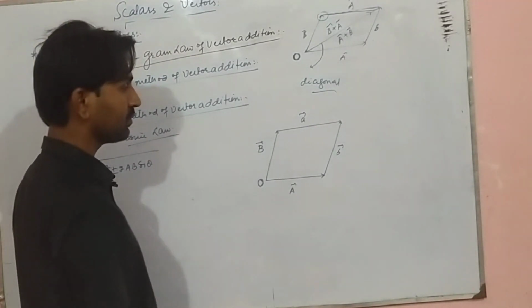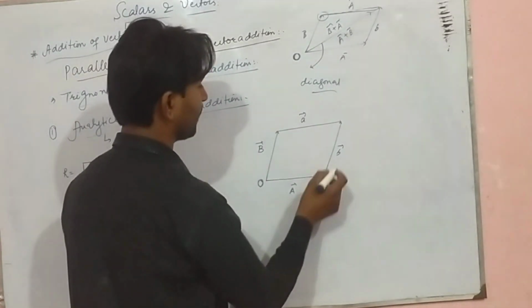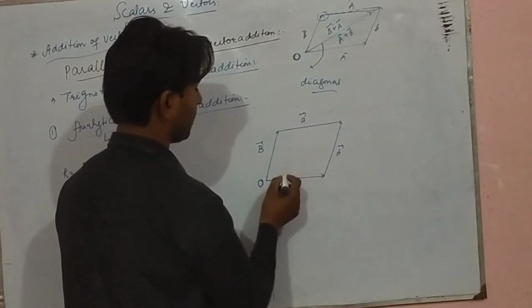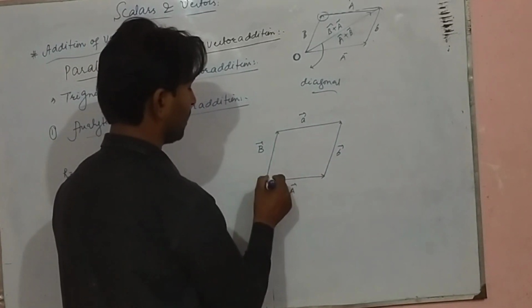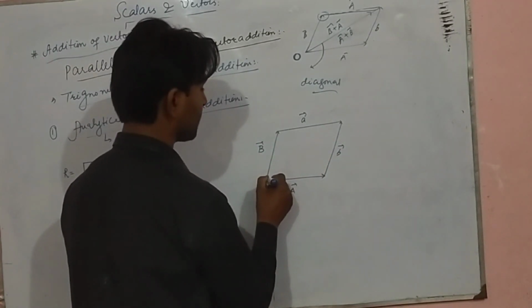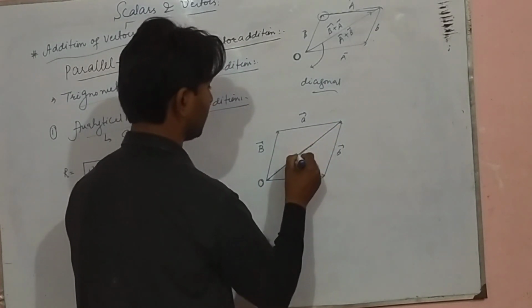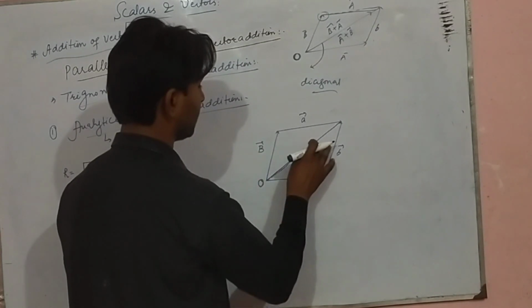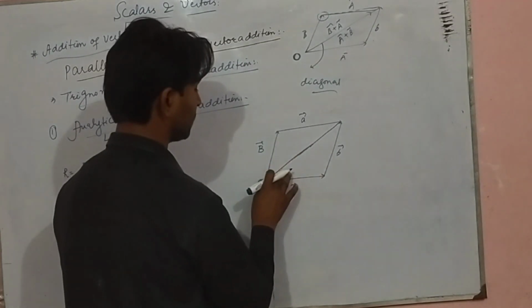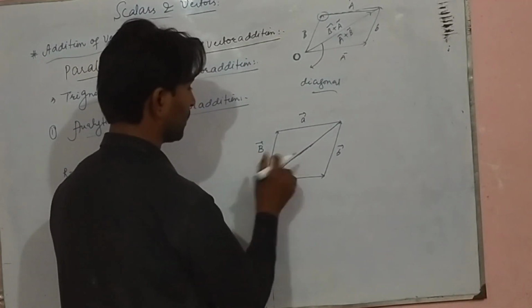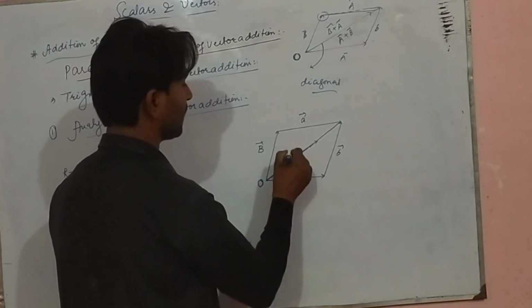If this is the B vector, then what will be the diagonal? The diagonal will be this, and this will be the resultant. This will be the resultant diagonal.